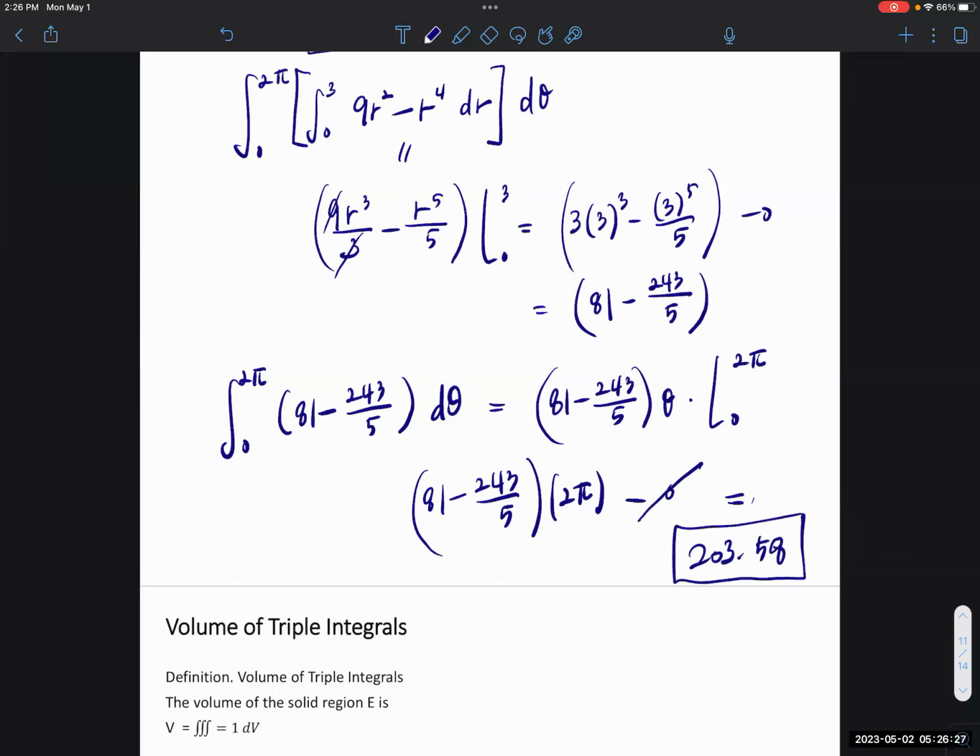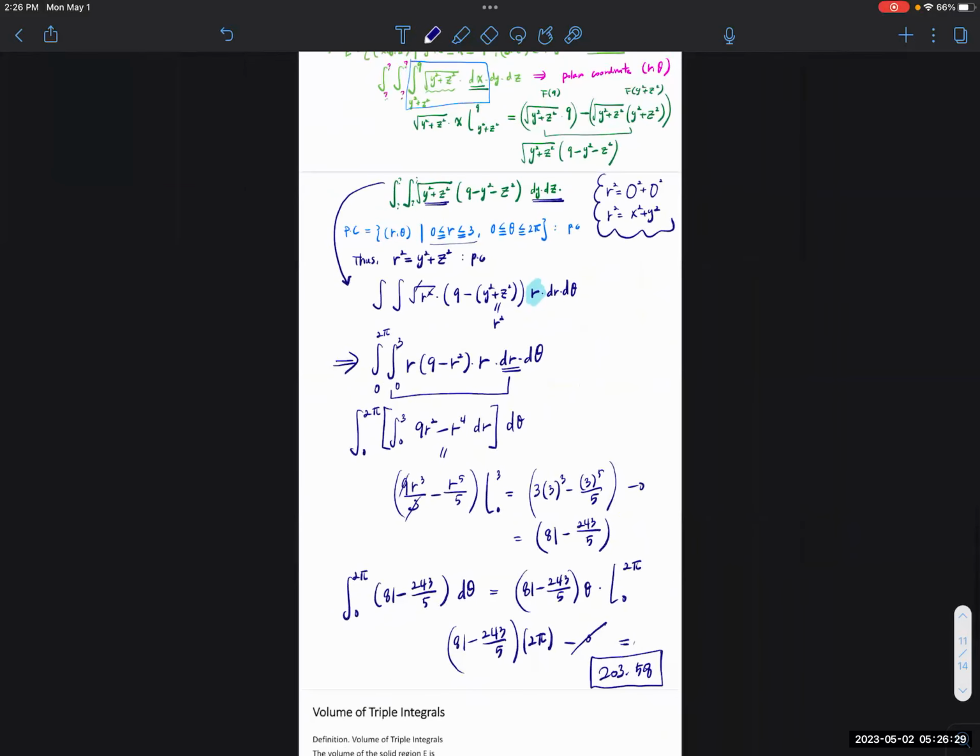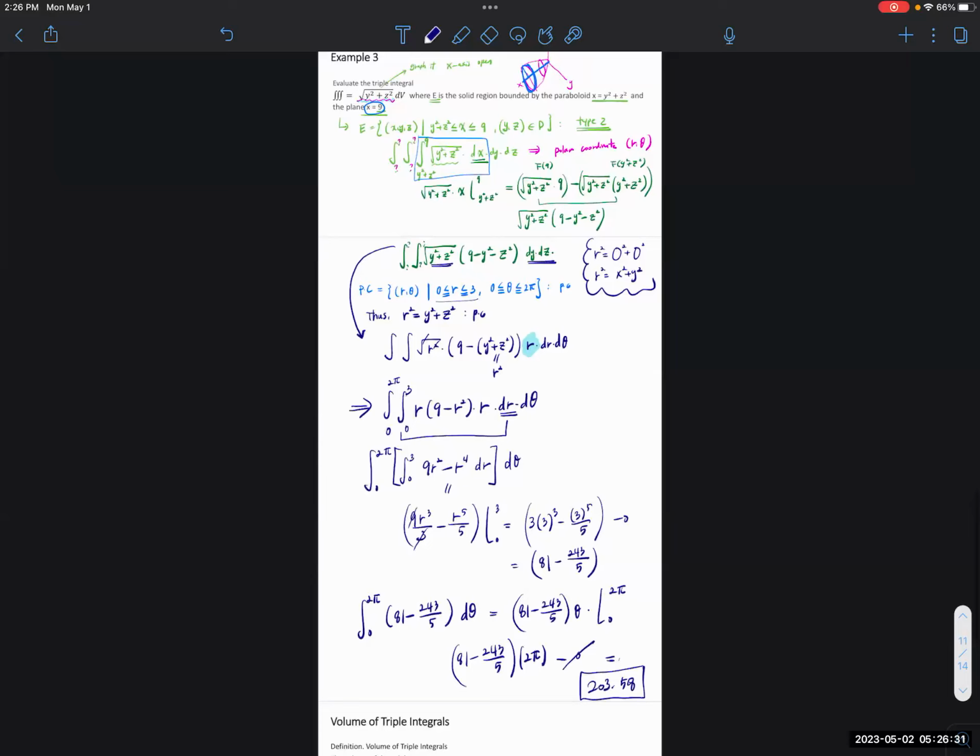That's the answer. So in this question, I showed you we had a limitation in finding the interval for y and z in terms of the rectangular system. Therefore, once you finish the first integral in terms of x, we convert to the polar coordinate system, because that's easier for finding the radius.